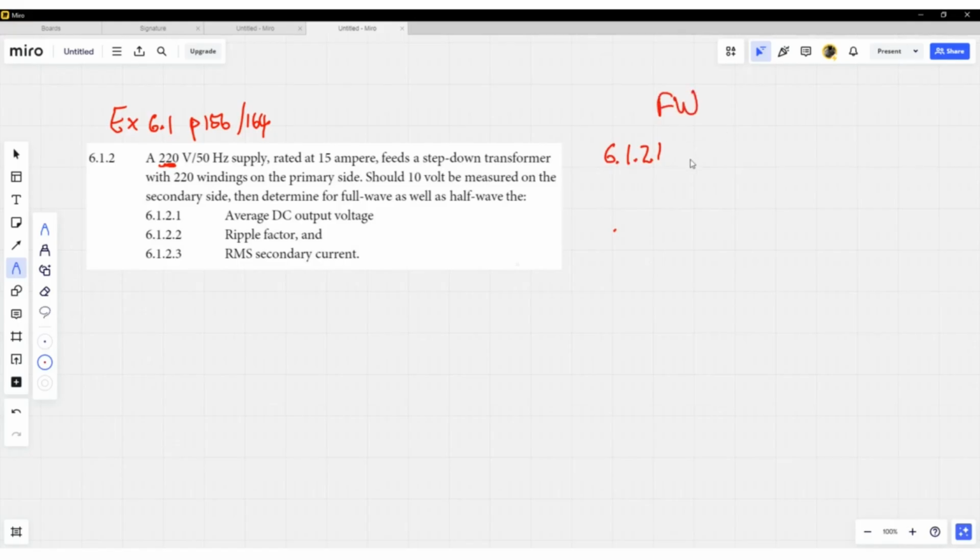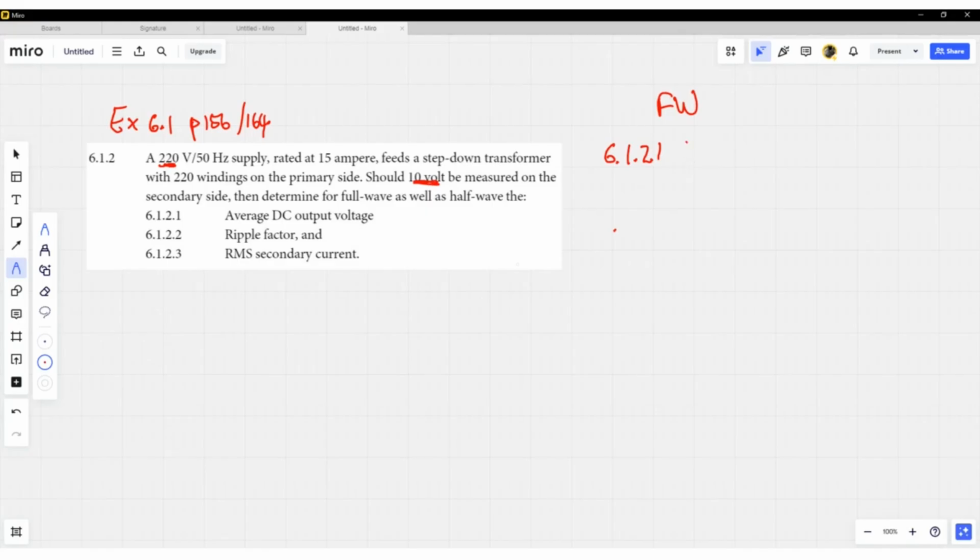That's the average DC output voltage. So the 10 volts that we measure on the output of the secondary coils of our transformer, we're not told whether this is a maximum or an RMS value. I'm going to assume it's an RMS value, seeing that it's not qualified. So that means the maximum value is going to be square root 2 times 10.